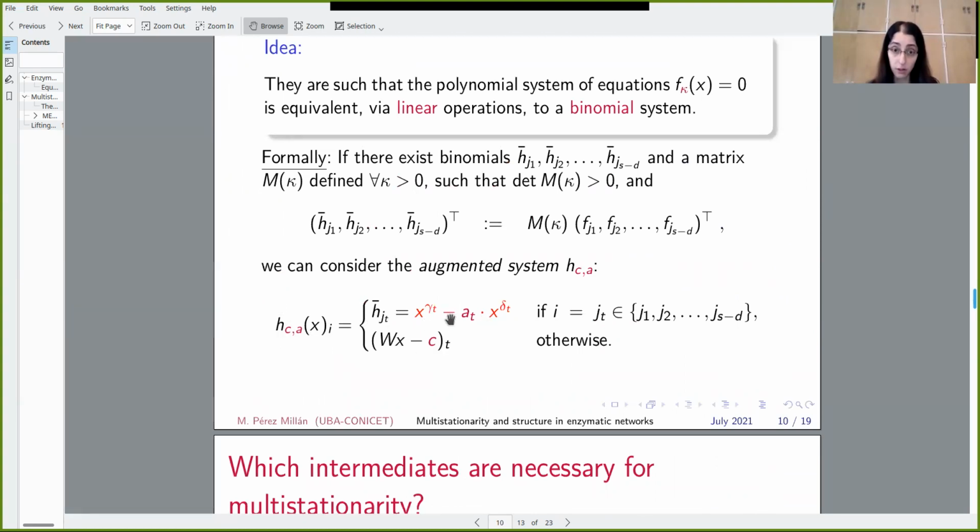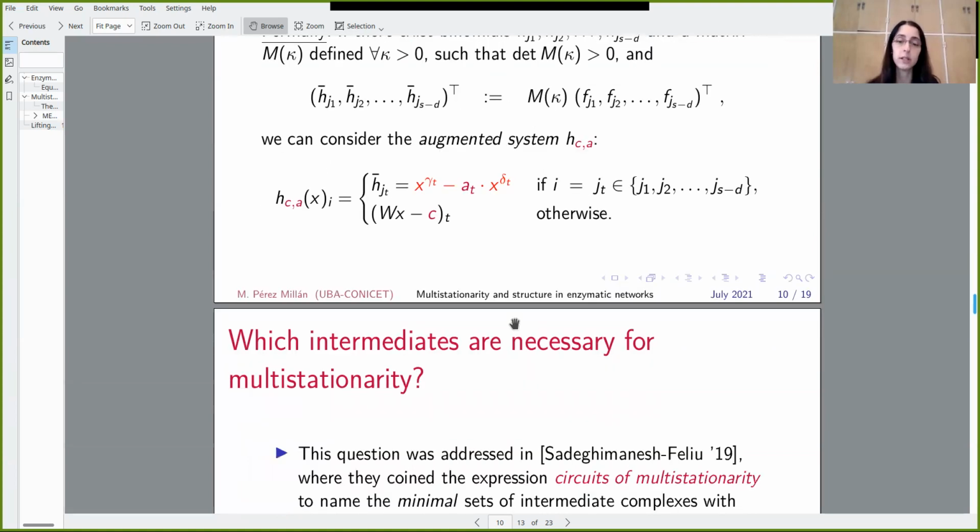So we consider the determinant of the Jacobian of these equations, but we do something else. We solve for the constants A, or the parameters A, in terms of the X. So if we equal this to 0, we can say that A is X to the gamma divided by X to the delta. And this is what we write here.